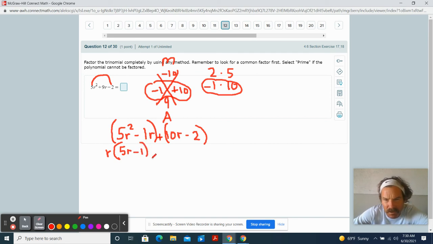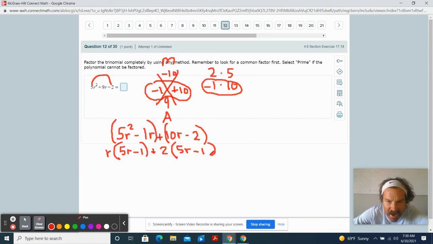If you're confused with what I'm doing right now, go back and watch the mini video for homework number 8. And then I'm going to take out a 2, because a 2 is common to 10 and 2. And this is 5r minus 1.